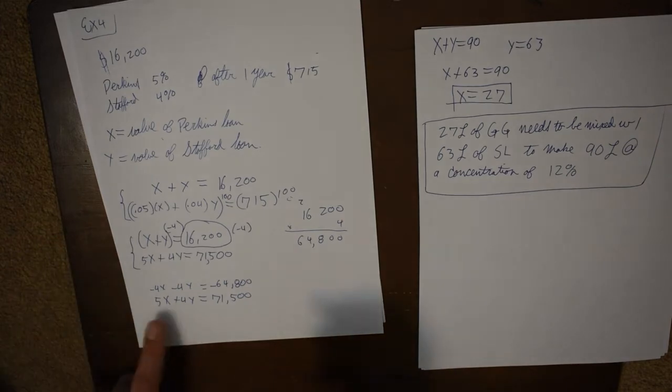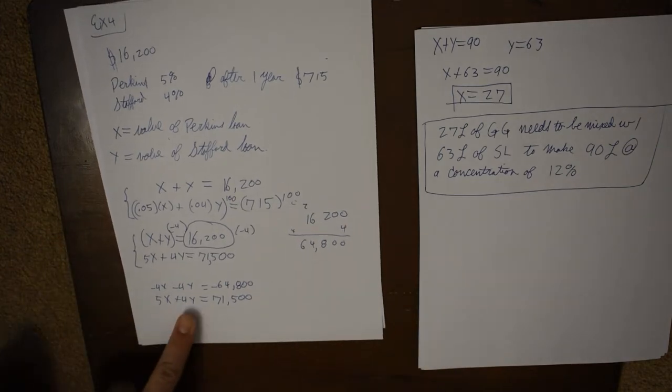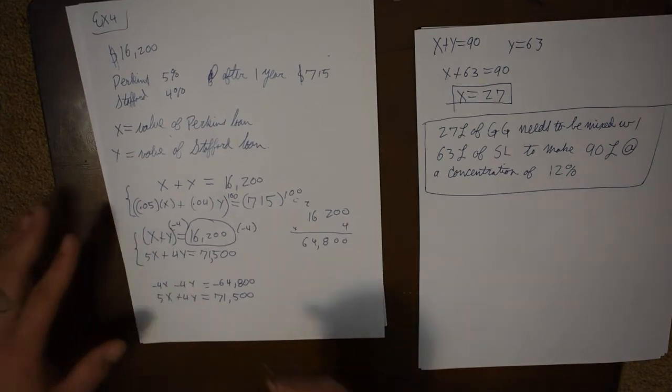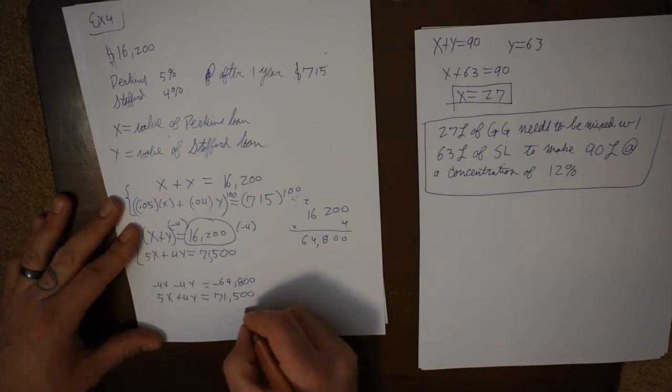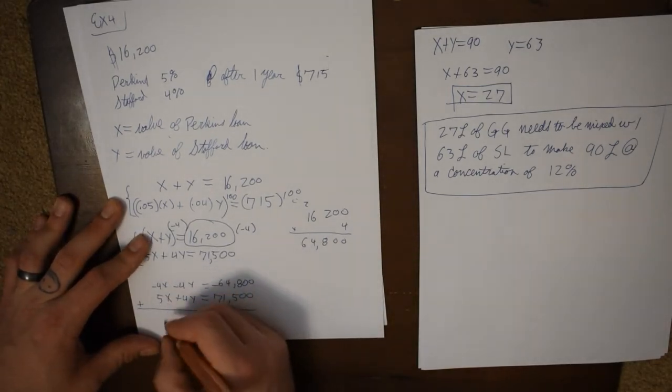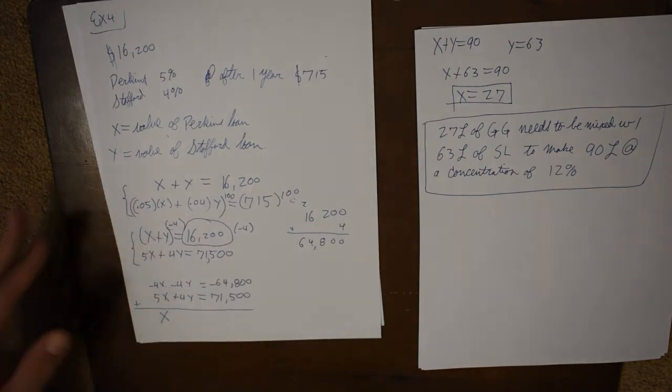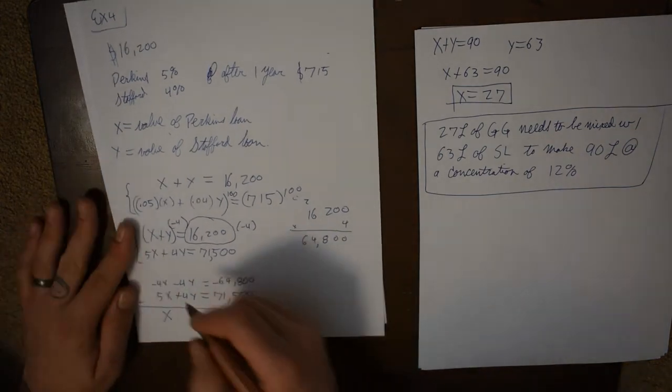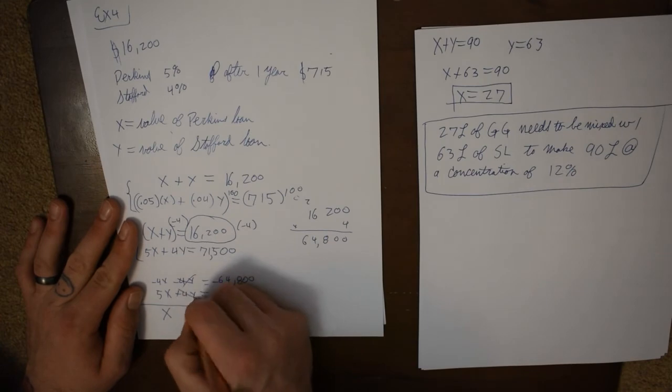We did that so we could have these two leading coefficients that were opposite in sign. We want to add these two equations together. -4x plus 5x gives us just x all by itself. -4y plus 4y, those are going to cancel each other out.